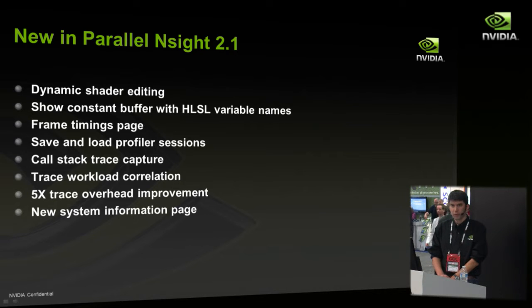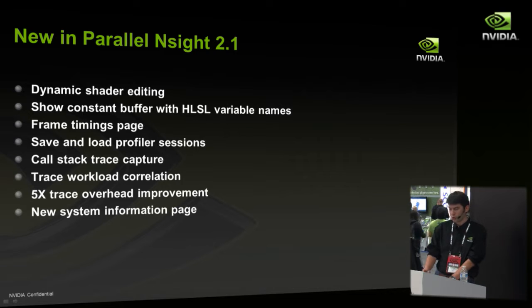Okay, this is a list of features which is new. I'm going to focus on the analysis features since that's what we're talking about today. So now we've got the ability to save and restore profiler sessions, so you can write out to disk and get all of your data back for an offline analysis session. We have full call stack trace now, so if you provide symbols to us, then we can show you precisely where an API call came from in your application in the call stack.